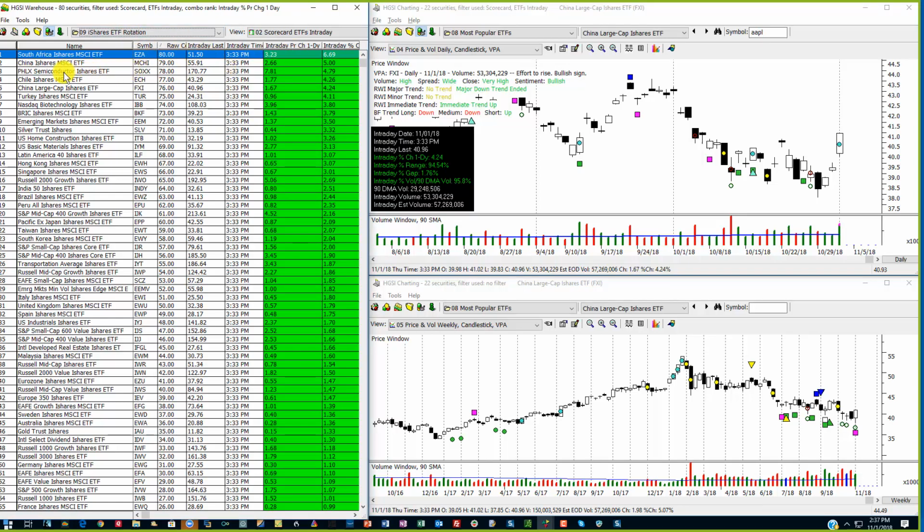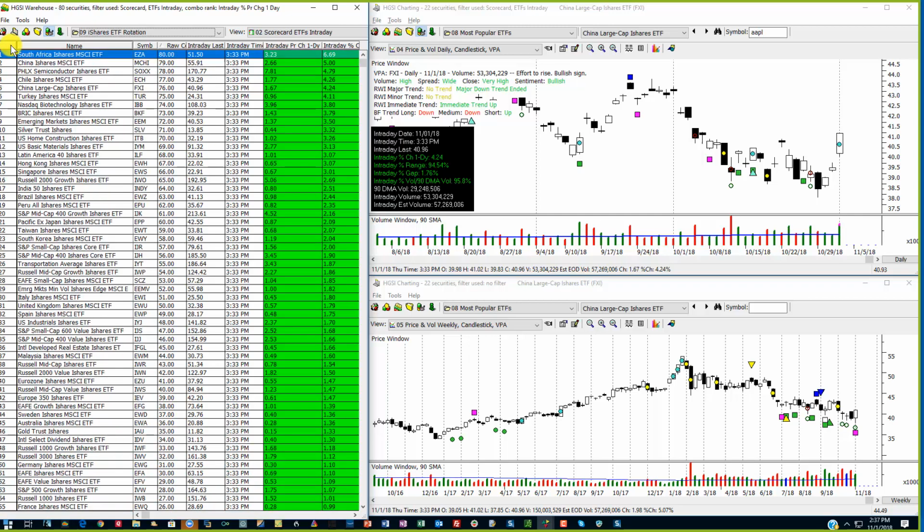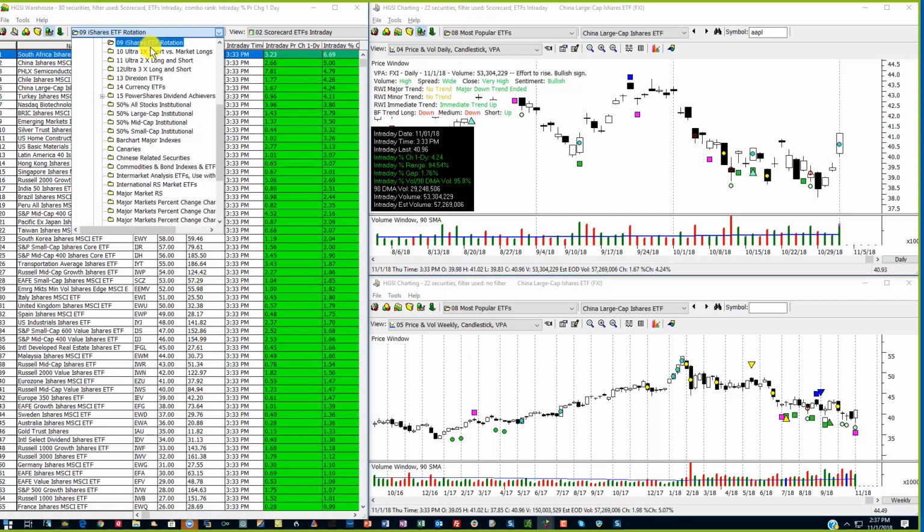It just shows me where the strength is with a lot of world ETFs plus ETFs based here in the United States. There's strength and there's very little weakness today. When I go down here, there's 80 ETFs in here, and most everything is up. But you can get a quick read on the market here.